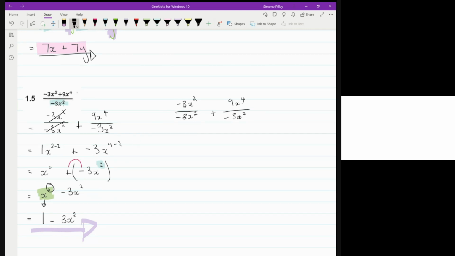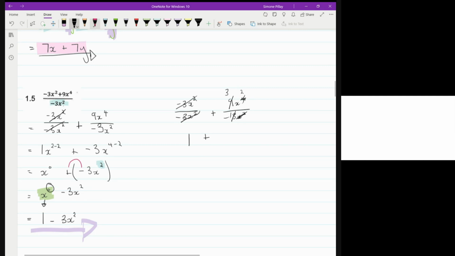So what we could have done is we could have said, okay, this is basically the same number divided by the same number, which we know is going to give us 1, plus over here, cancel out 9 because 3 goes in there 3 times. 3 goes into itself 1 time. Cancel out the x squared. Cancel out this and make it 2.